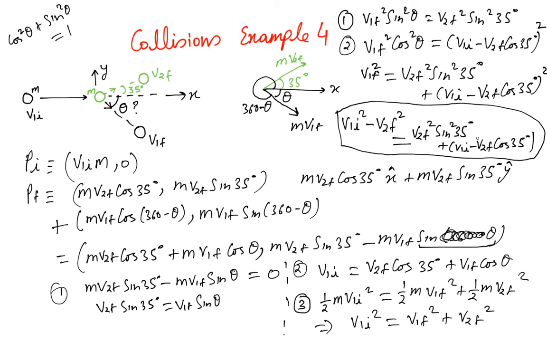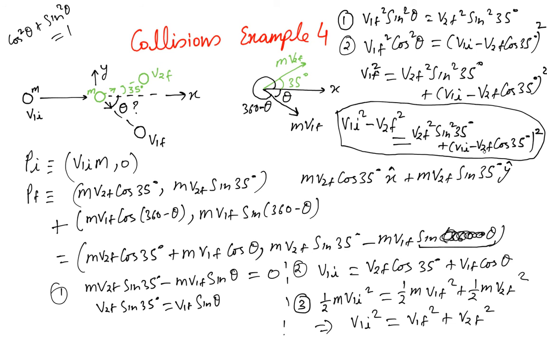Okay, now this is a quadratic equation. We can solve it because we know v1i, we know sine squared 35, we know cos, I think there should be a square here, and the whole quadratic is actually in terms of v2f. You see, v2f is squared here and v2f is squared here.